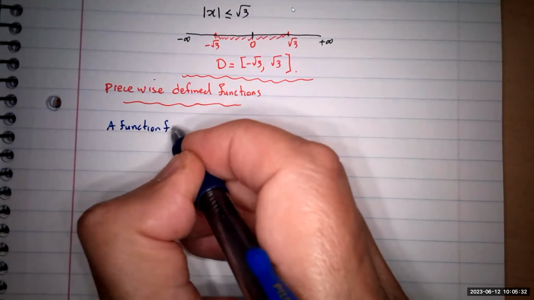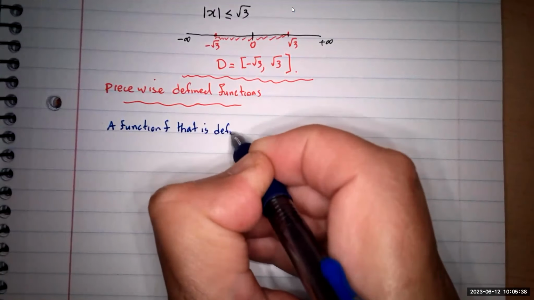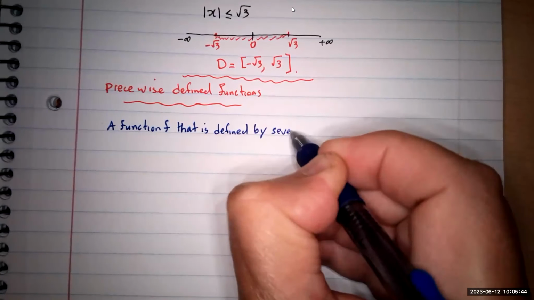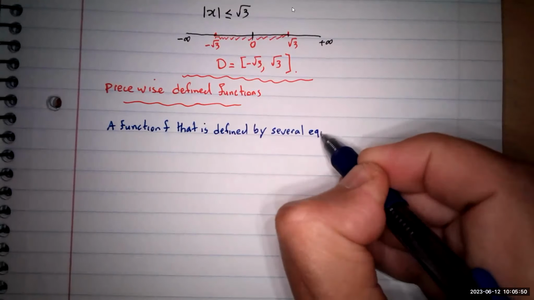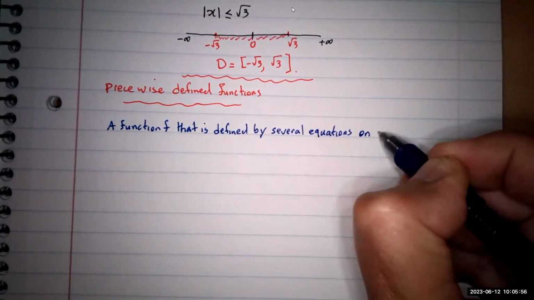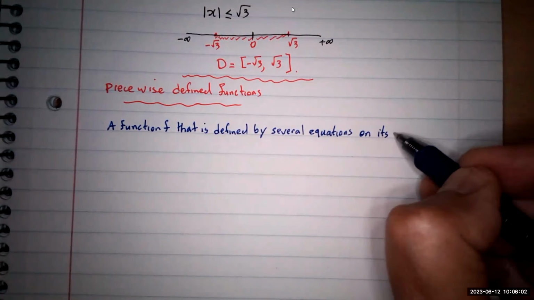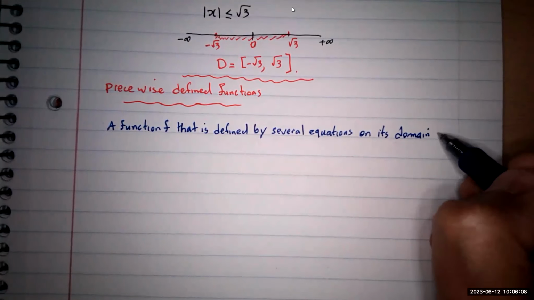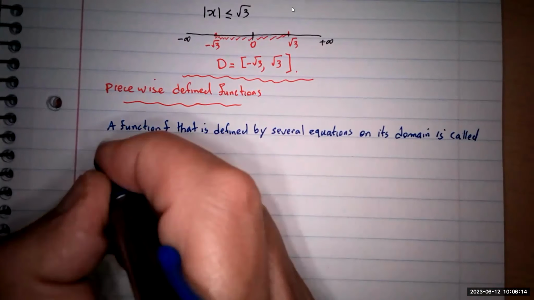A function f that is defined by several equations, usually 2 or 3, on, of course, its domain. We partition the domain into different parts, with different formulas. A function defined by several equations on its domain is going to be called a piecewise defined function.